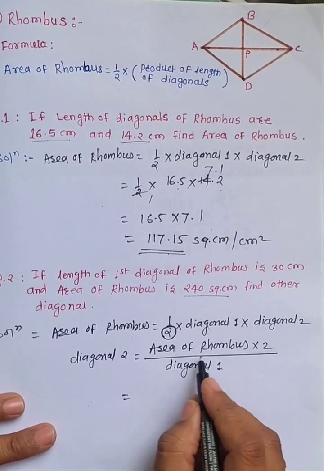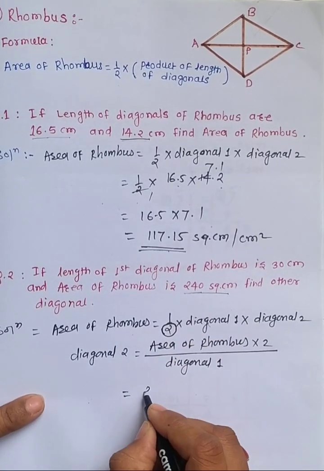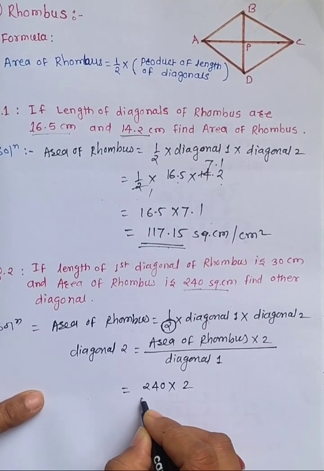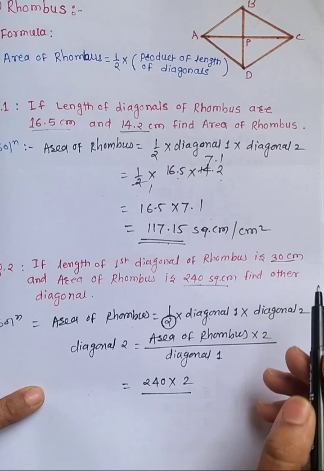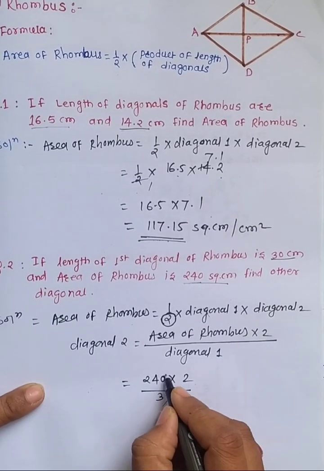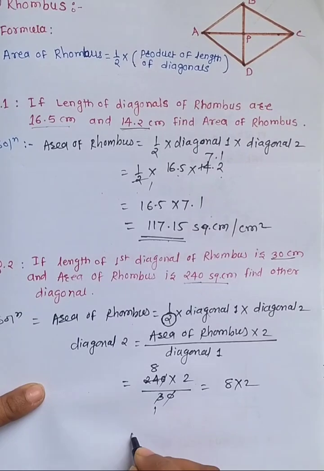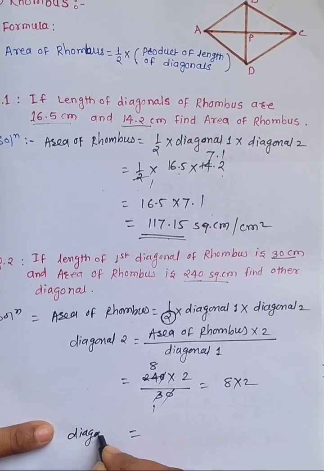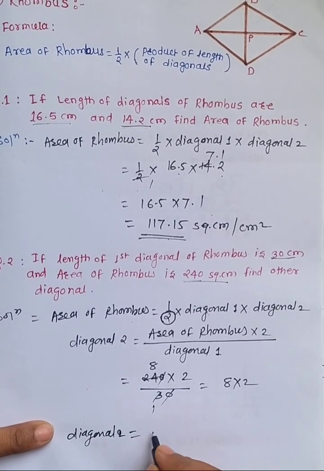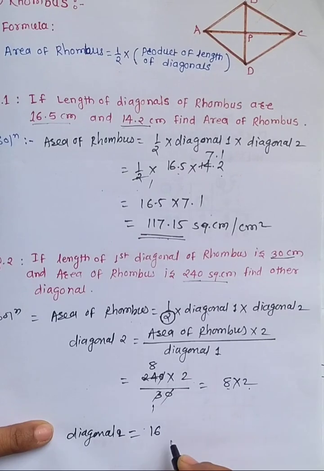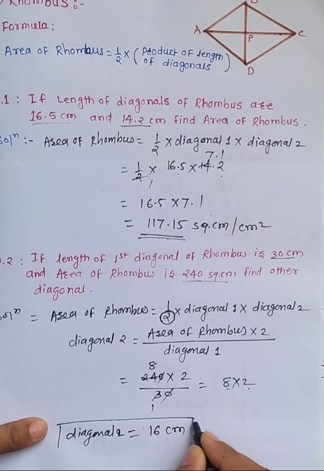Okay, put the values. Area of the rhombus is 240 into 2 divided by diagonal 1, length of the diagonal 1 is 30, that 0 0 get cancelled, 3 8s are 24, that is 8 into 2. So diagonal 2 or second diagonal is 8 into 2 is 16 centimeter.